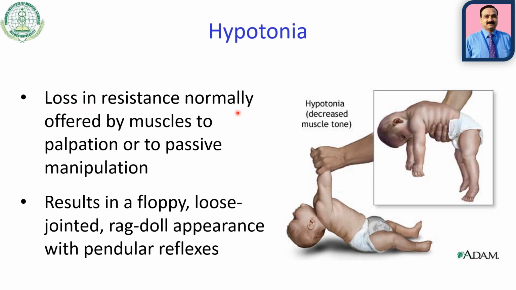Loss in the resistance normally offered by muscles to palpation or to passive manipulation, which will result in a floppy, loose-jointed, ragdoll appearance with pendular reflexes. So that is hypotonia, decreased muscle tone.